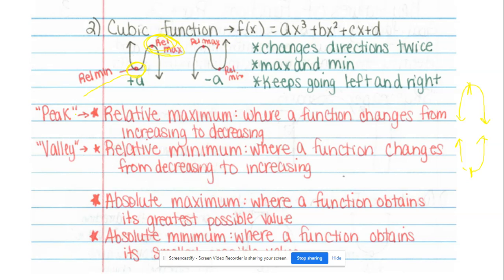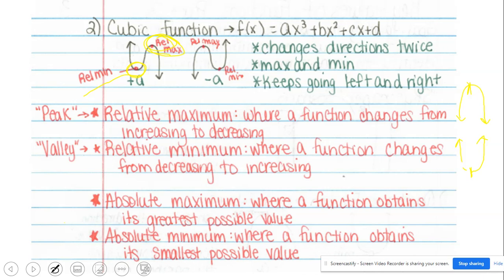And that's where a function obtains its smallest possible value. There you go. And again, a relative minimum is a minimum point. It's just not the absolute lowest point. So make sure you have all those notes written down and those definitions in red.